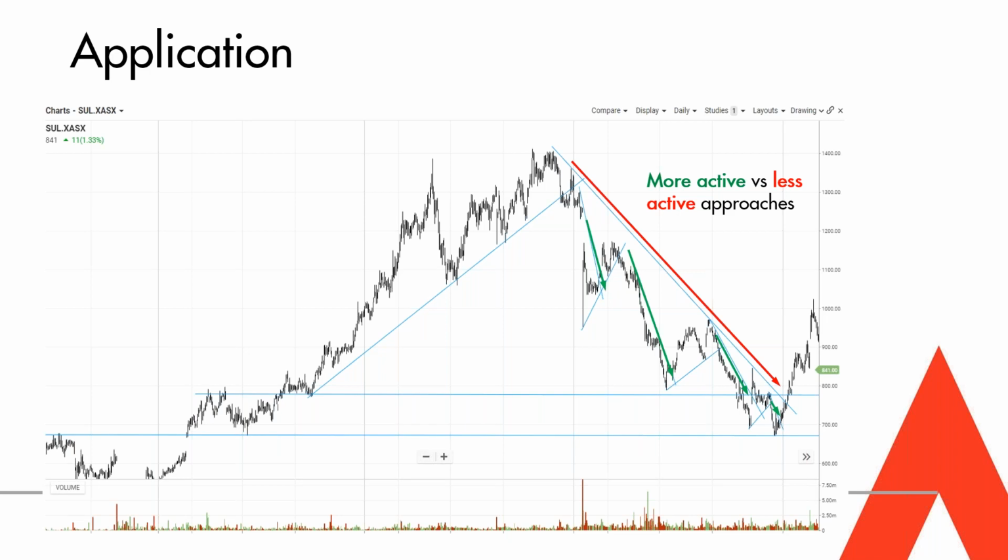Or if you take a more long-term view, you might only be interested in the downturn being shown to you with the red arrow. So each individual has their own way of approaching trading and or investing, and they are the different types of downturns you could profit from or hedge with stocks.